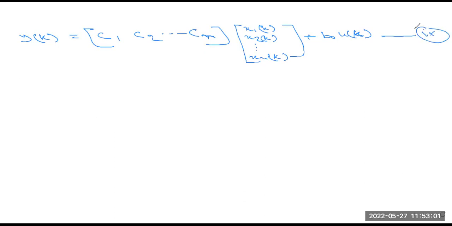Okay, so this is basically the diagonal canonical form. In your syllabus, questions come from the first two, that is the controllable canonical form and the observable canonical form. The third one, the diagonal canonical form, we also have to solve.